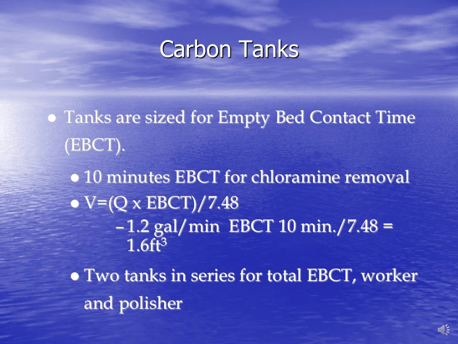The second tank is in place so that if the first tank loses its capacity to remove the contaminant, the chloramine, the second tank is automatically in place to take over that function. So with a total 10-minute empty bed contact time, your two tanks are actually sized 5 minutes, 5 minutes for a total of 10.